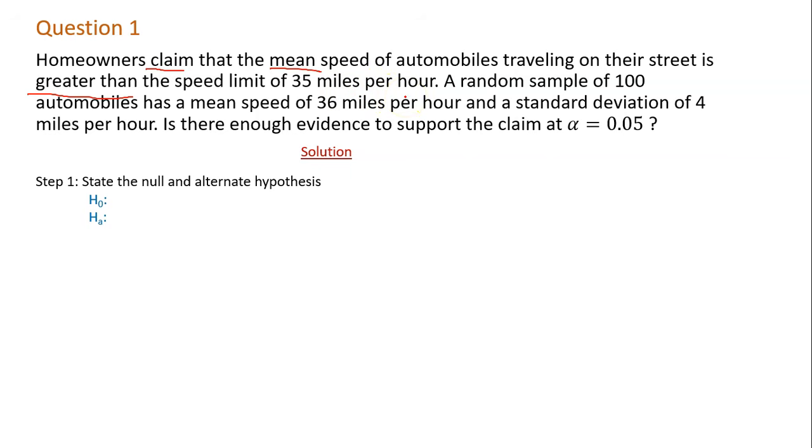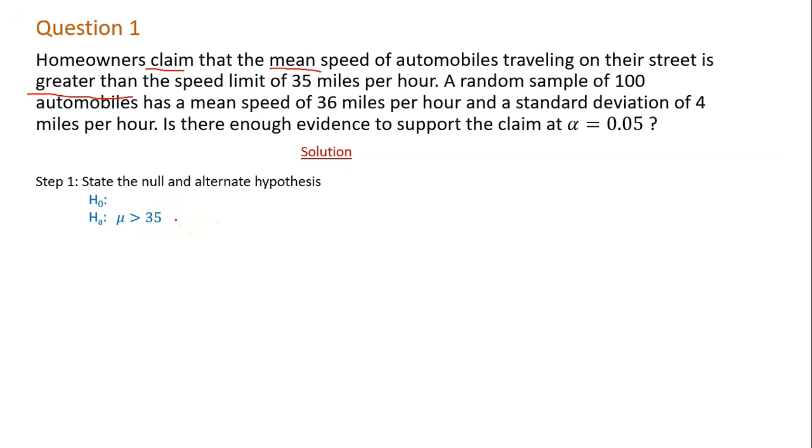Remember, in the introductory part of hypothesis test, I told you that the statement greater than is a statement of inequality. And statements of inequality, we assign them to the H sub A or H sub 1. So we are going to write mu, which is mean, is greater than 35 miles per hour. You can write the miles per hour in front of the 35.